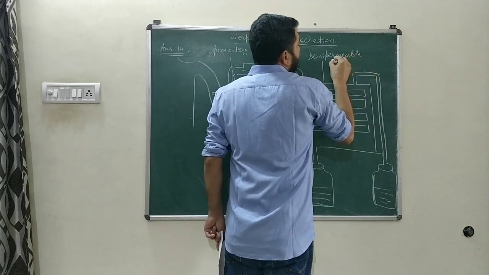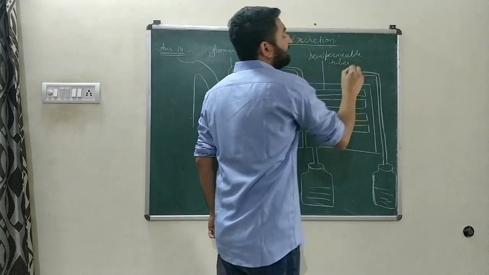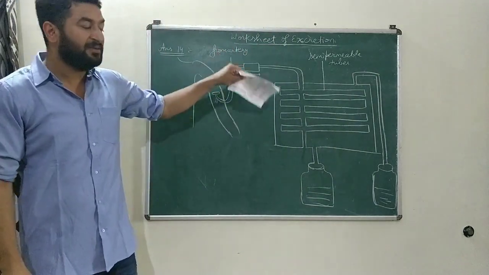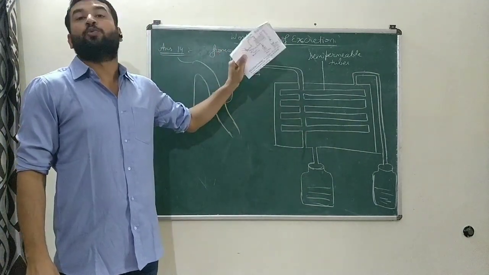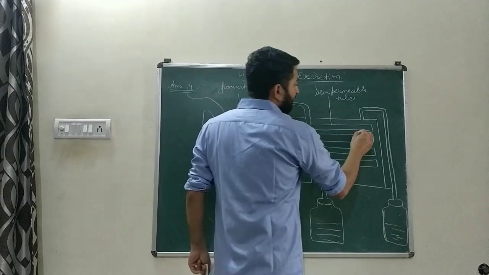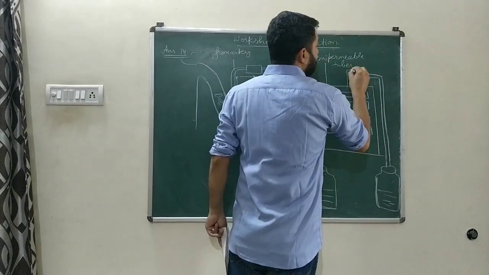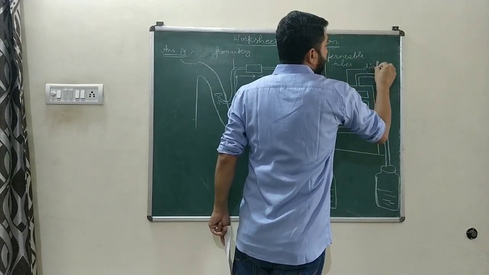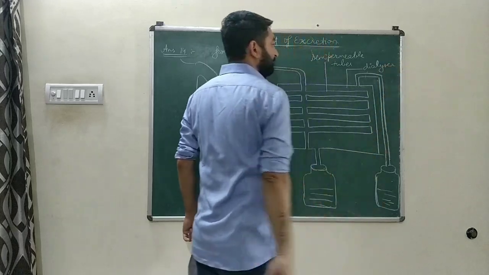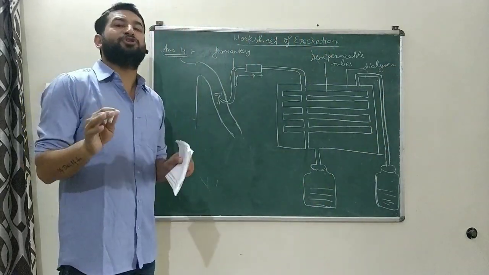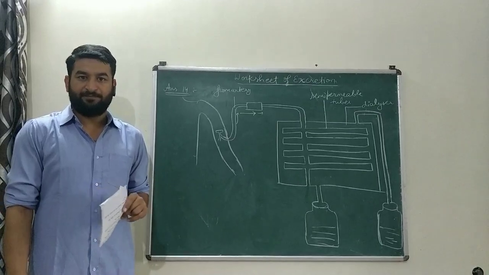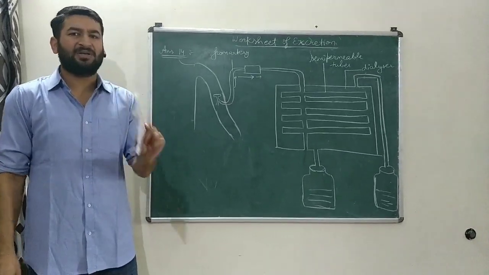Semi-permeable means which allows only the selected material to come in and go out. Here the dialyzing solution is of the same composition as that of pure blood, except urea. Dialyzer does not contain urea.